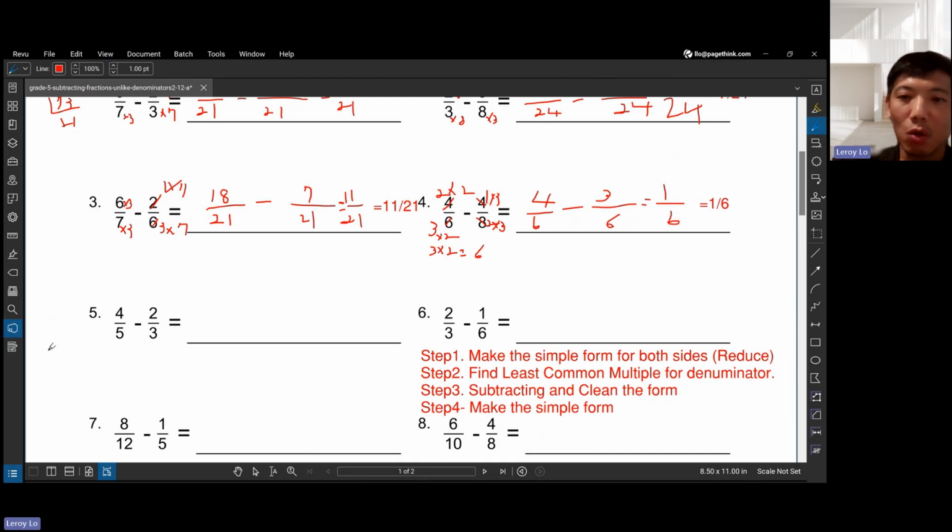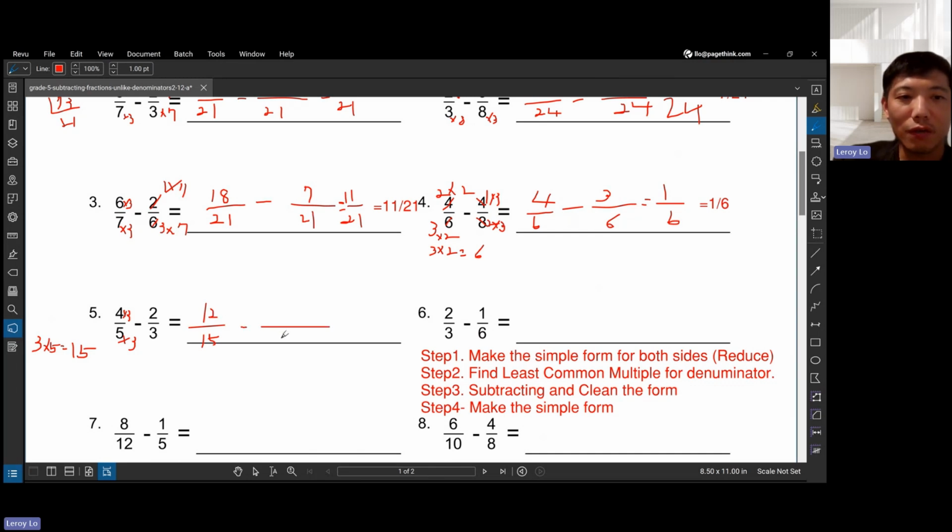Now the second step will be to find the least common multiple. So 3 and 5, so I use 3 times 5, which gives you the least common multiple, which is 15. So I put 15 on here. So from 5, how can we get to 15? We times 3. And 4 also needs to times 3. So it will give us 12. 4 times 3 and then minus.